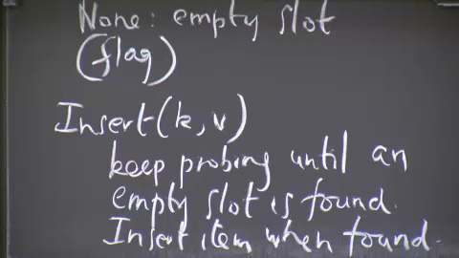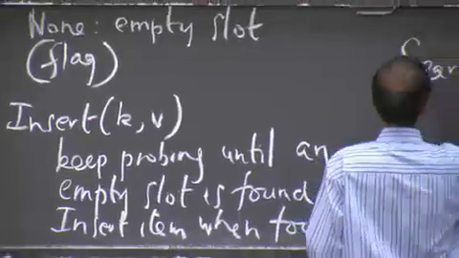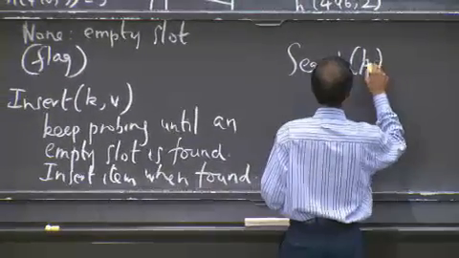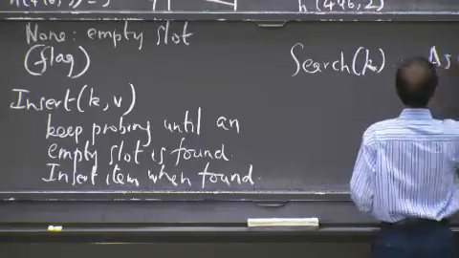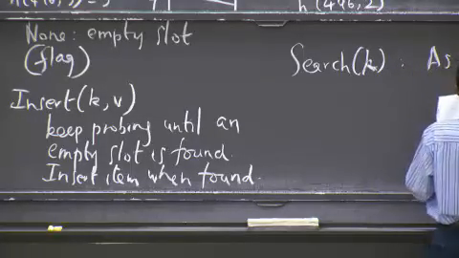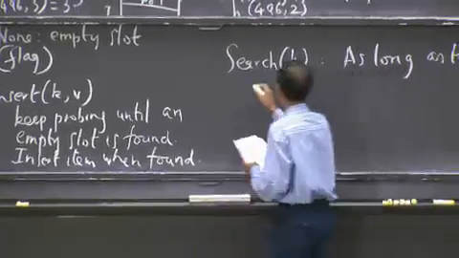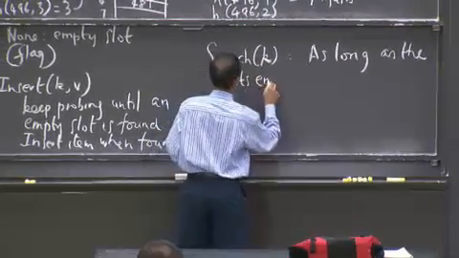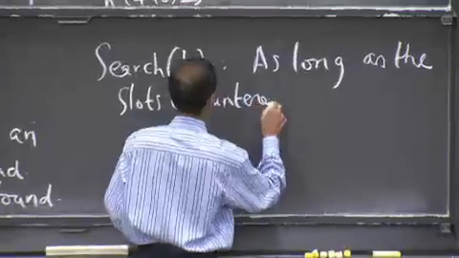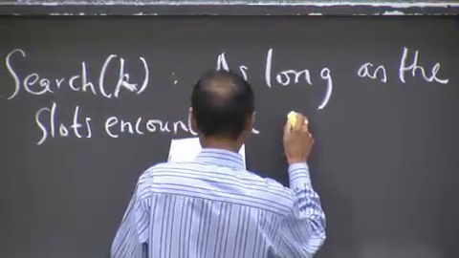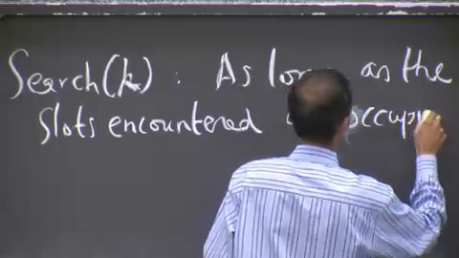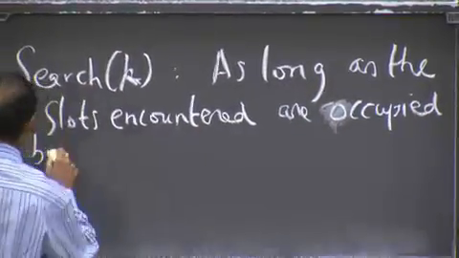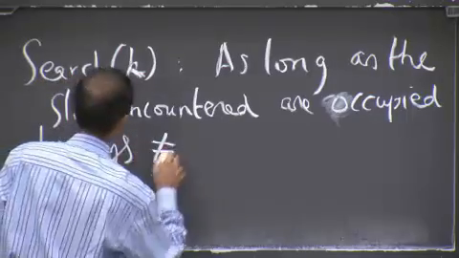Now, search is a little bit different. You're searching for a key k, and you essentially say you're going to keep probing as long as the slots encountered are occupied by keys not equal to k.